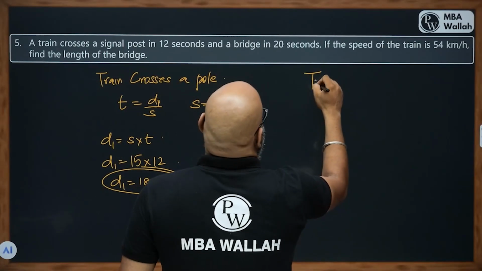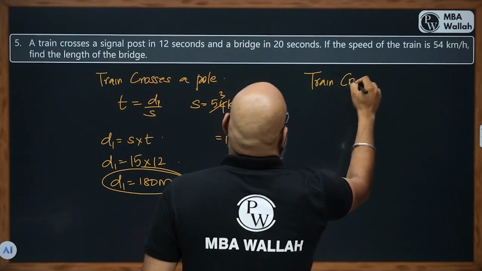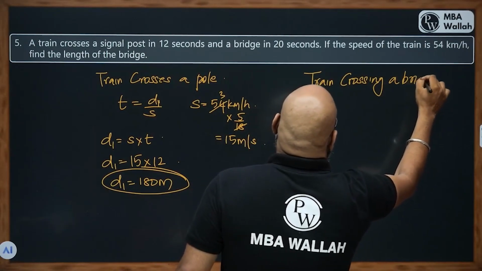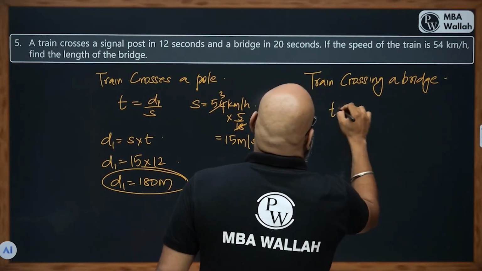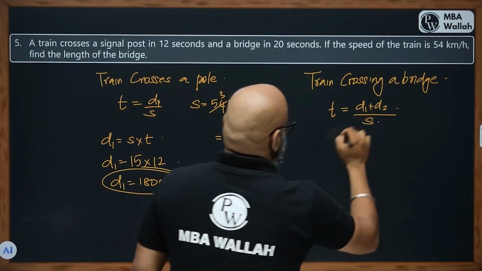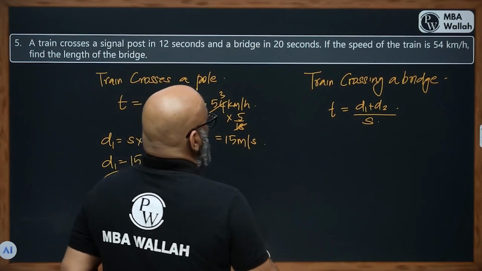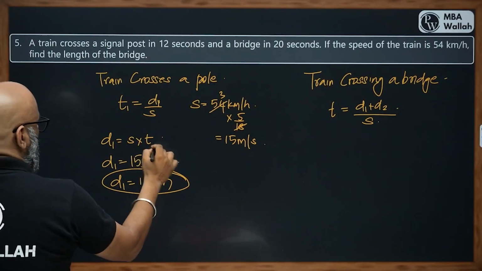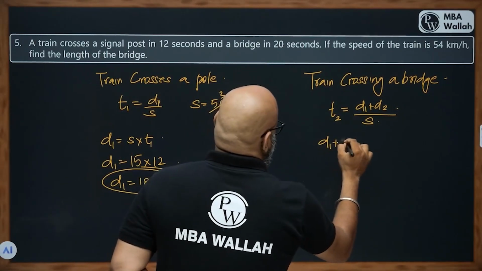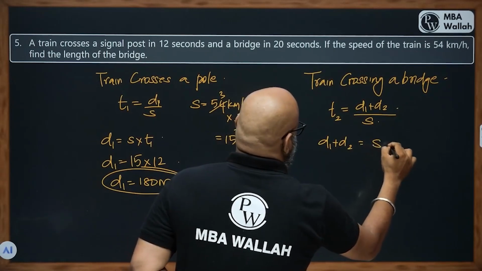So train crossing a bridge would be t is equal to (d1 plus d2) divided by s. Here the time, let me call this t1, I'll call this t2. d1 plus d2 is equal to s into t2.